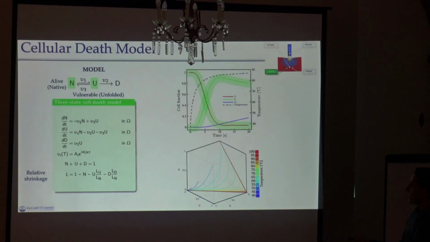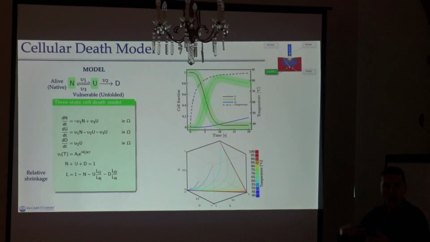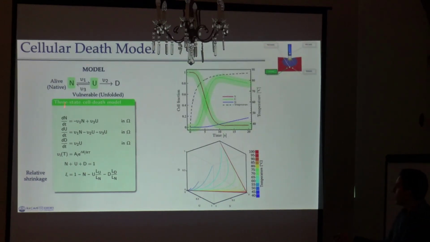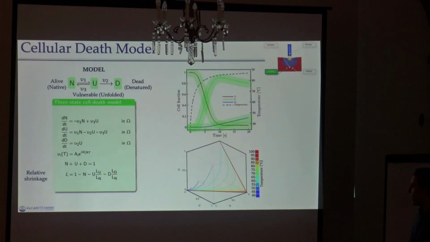In this vulnerable state proteins start to unfold, and they can eventually come back to the alive state if we remove the temperature. If temperature is not there for long enough, they come back to the original state. Otherwise, they finally die, okay? So this is a very simple three-state model.